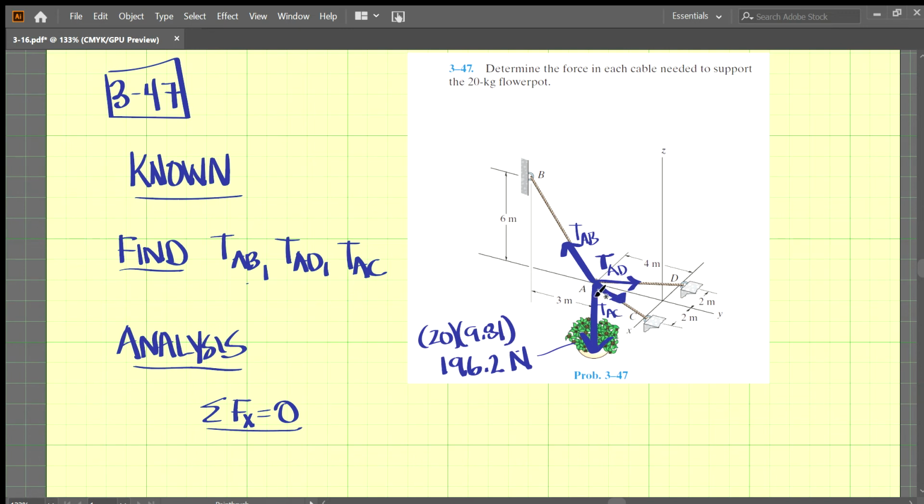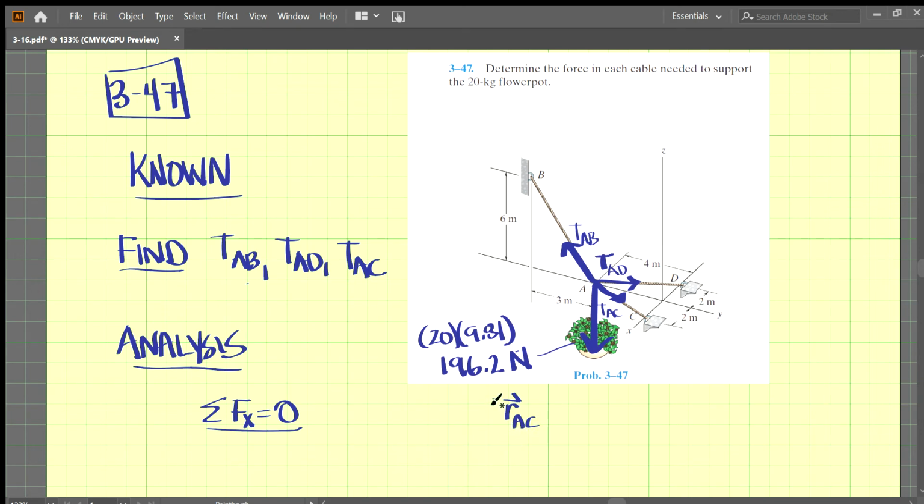So to do this problem, I think it would be helpful to find the length of each of these cables. I think that's important to know. So let's do the position vectors, the lengths of the vectors. Let's do from A to C first.